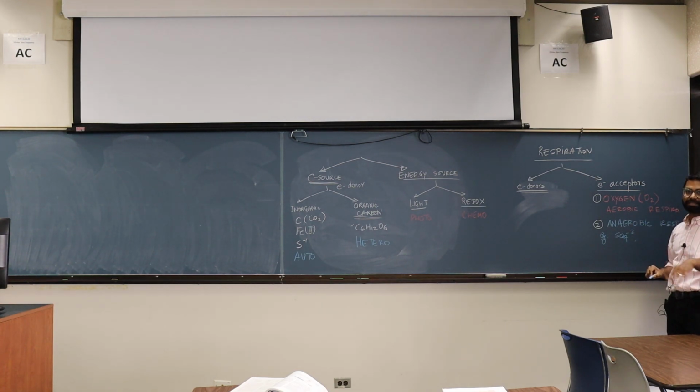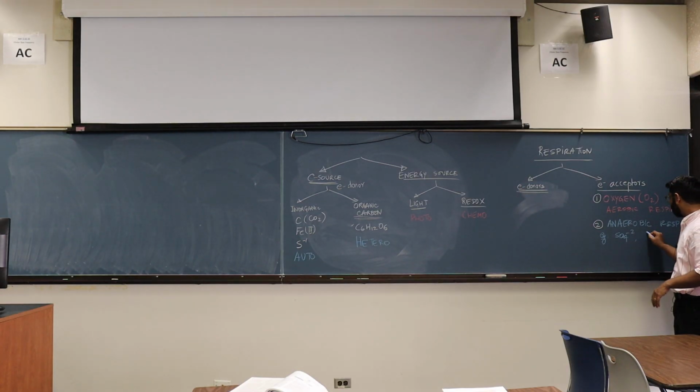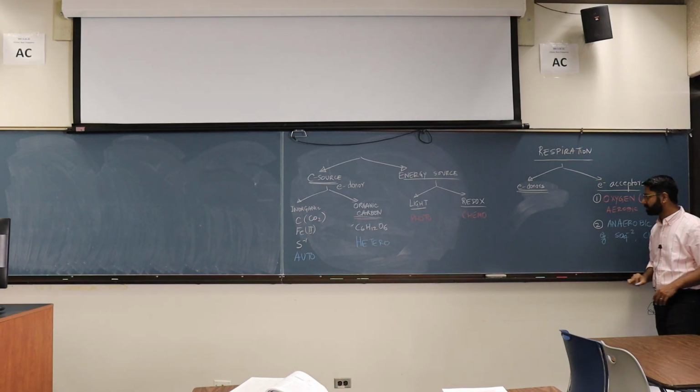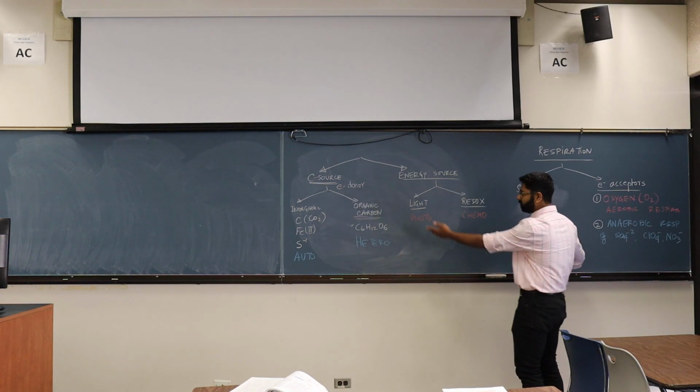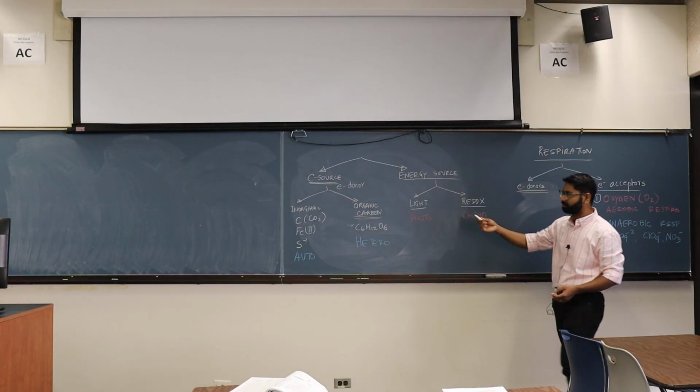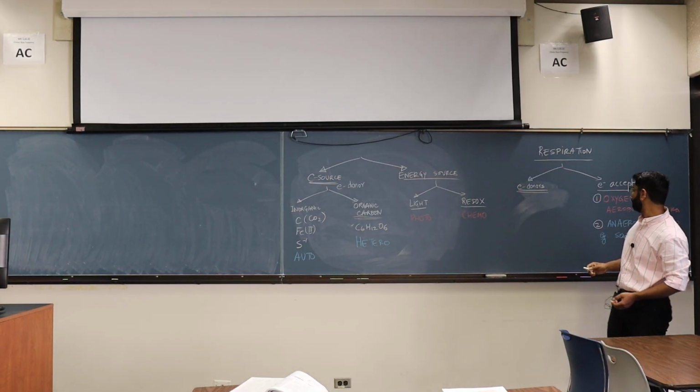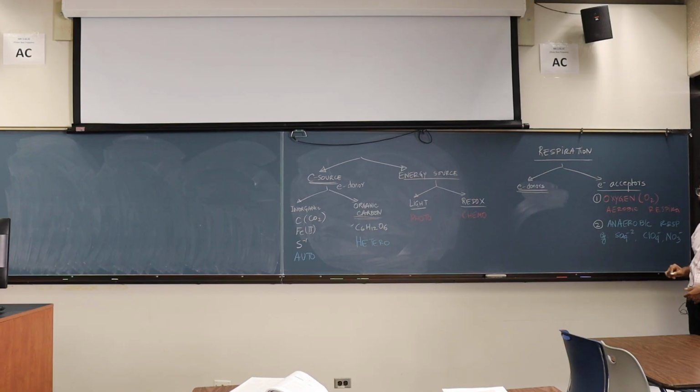So water is a byproduct. Water itself cannot accept the electron. Sulfate can do it, perchlorates can do it, nitrates can do it. The electron donors we already saw could be inorganic and organic. But the electron acceptors could be these.